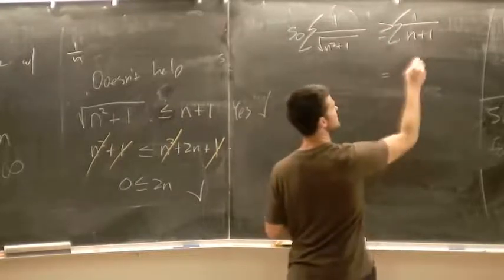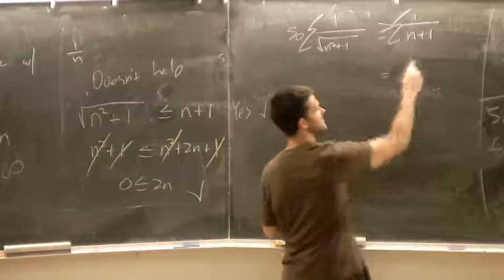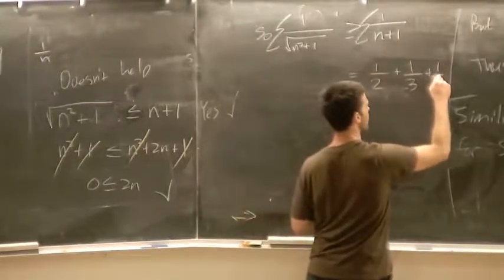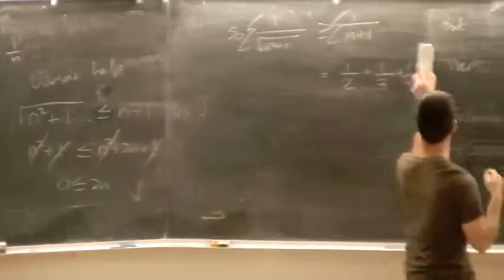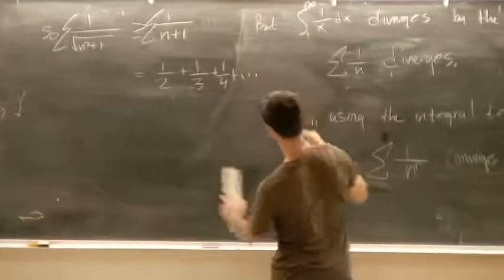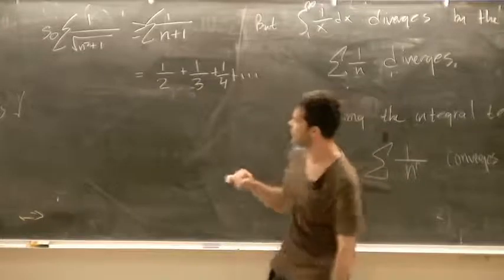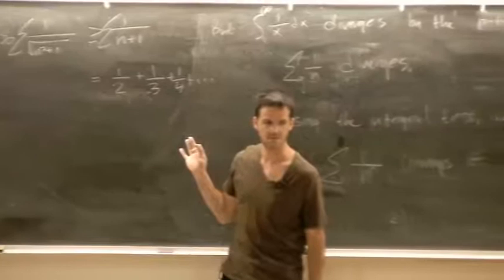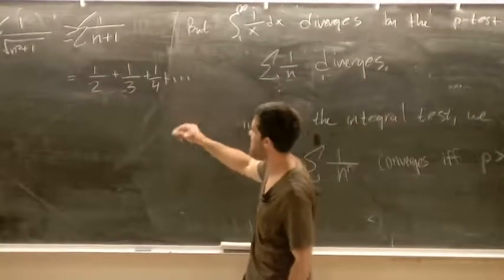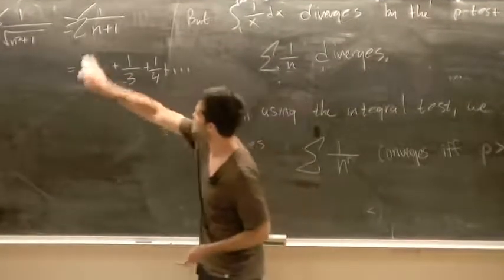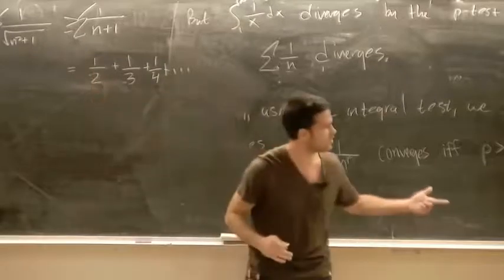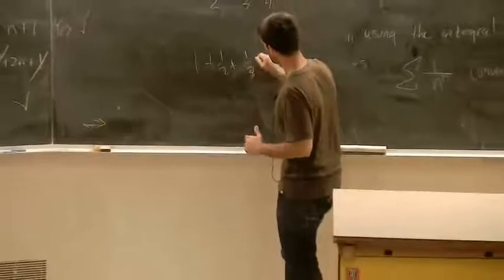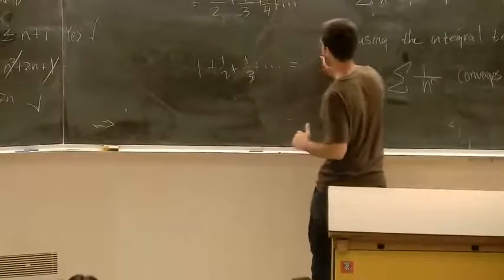But this is actually the same as the harmonic series, just starting at 2 instead of 1. So what do you think happens with this one? Yeah, this diverges too, right? What if I started at 2 instead of 1? We already know that 1 plus 1/2 plus 1/3 and so on adds up to infinity.